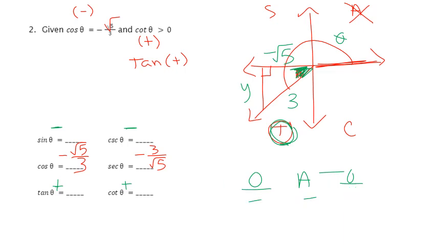So when we go ahead and do Pythagorean theorem, we're going to get y. We have y squared plus negative root 5 squared, or you could just do root 5 squared. We'll just treat it like a positive. Equals 3 squared.